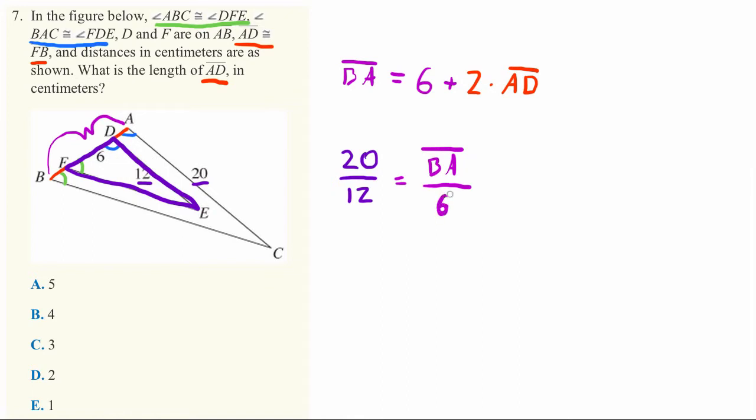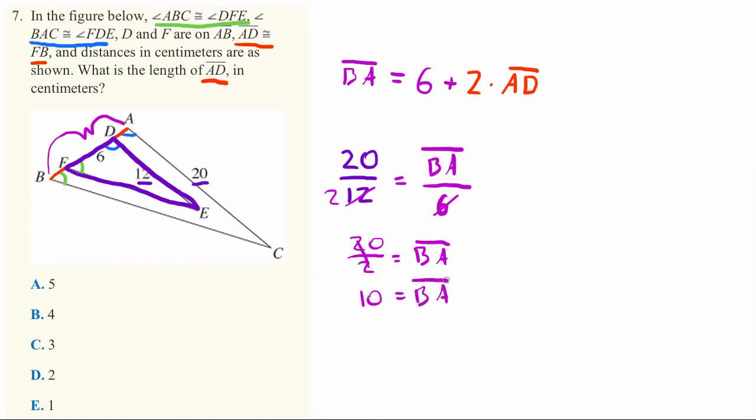And that allows us to establish this relationship that BA over 20 is equal to 6 over 12. So now we can just solve for BA. Let's go ahead and multiply both sides by 20 here. So this 12 becomes a 2, so we have 20 over 2 is equal to BA. And this just simplifies to 10. That's what's equal to BA.